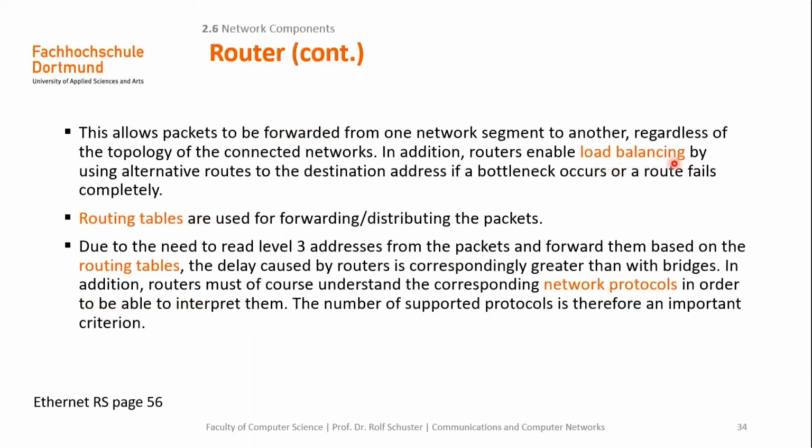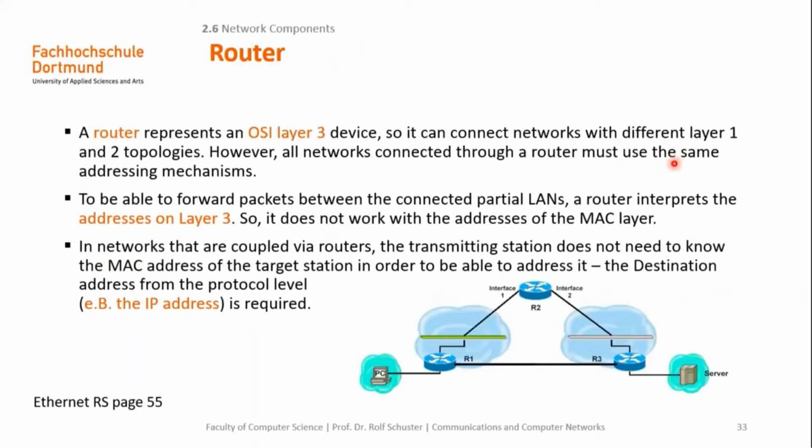The load balancing permits that if a flow of packets needs to travel from this end system to this end system, the load balancing could send some datagrams across this path and other datagrams or packets across this other path.